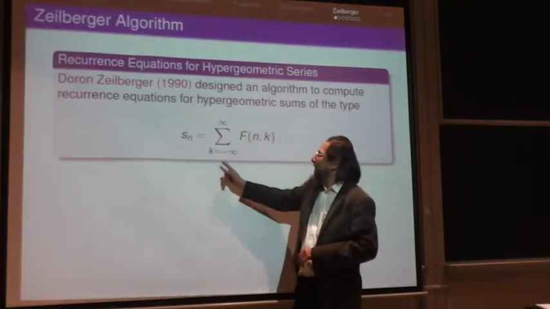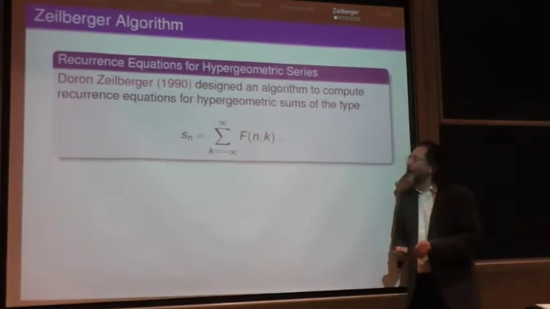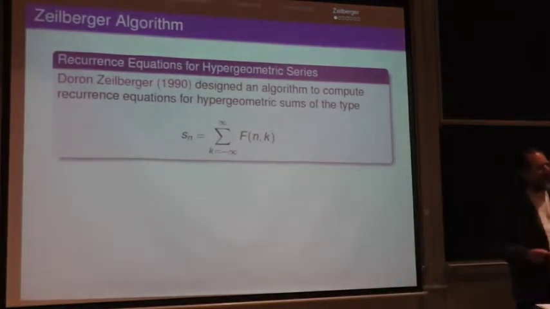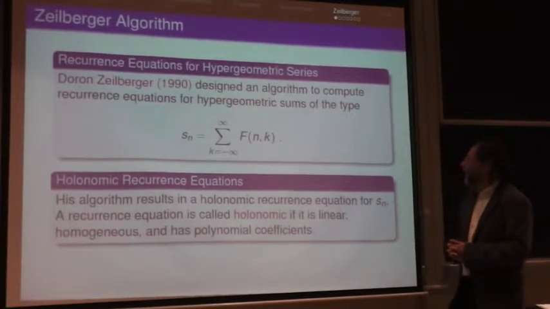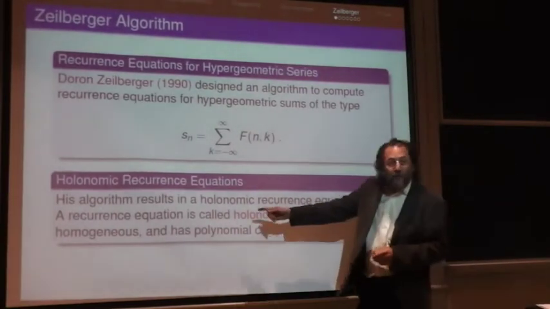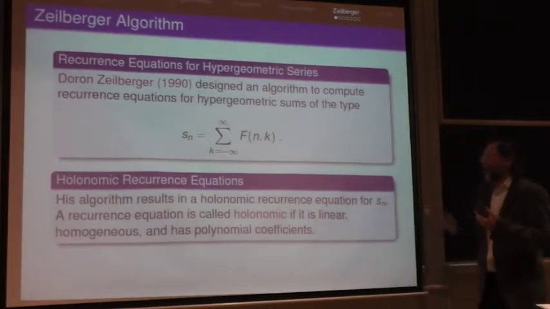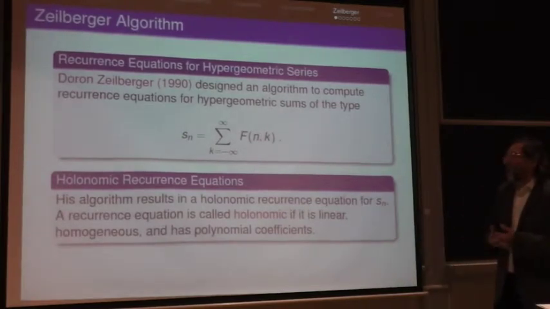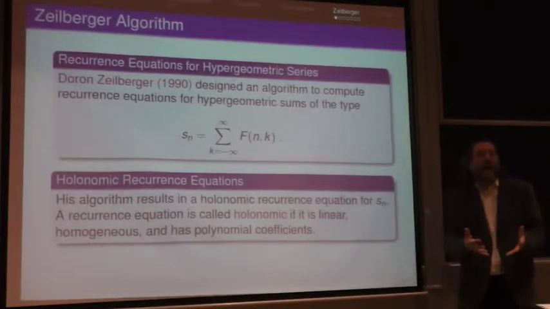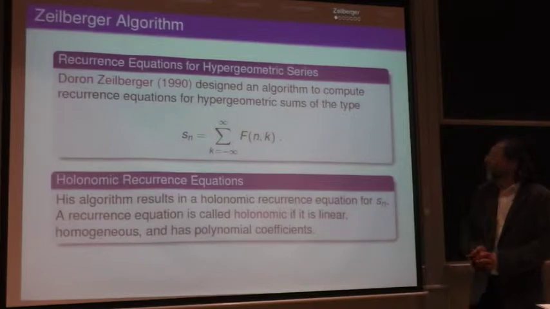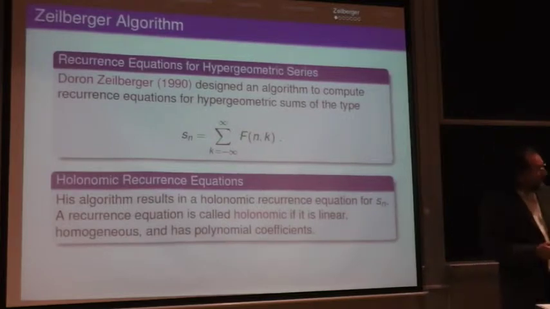Then what you get after summing with respect to all k, a function of n, and he gives a recurrence equation as output for S_n. Actually, it's holonomic. That means in general, it's a homogeneous linear recurrence equation with polynomial coefficients, and these are of highest importance in this field.